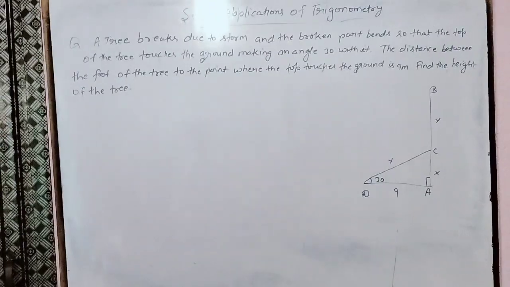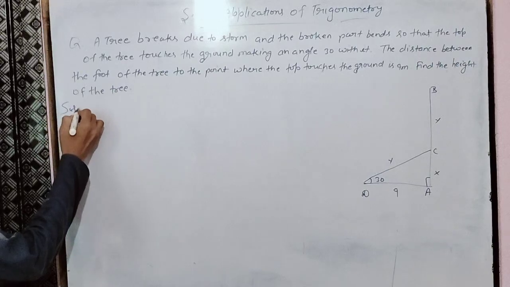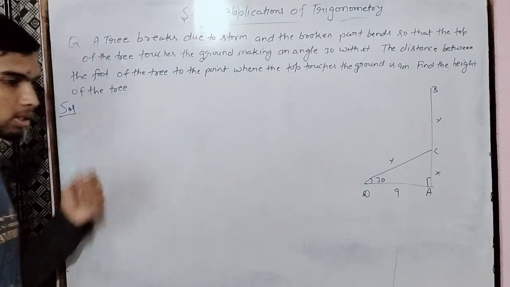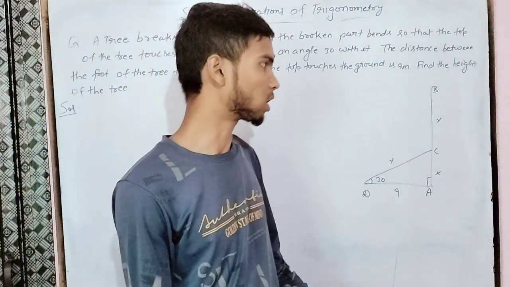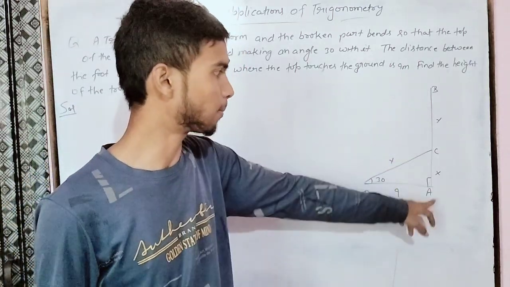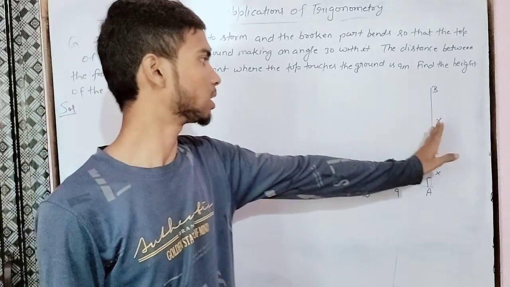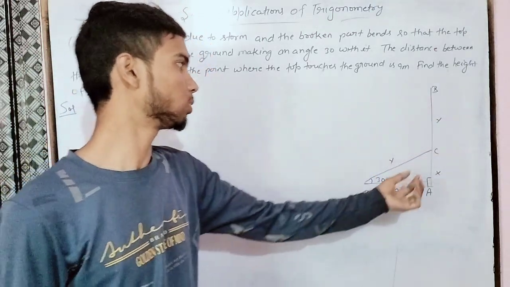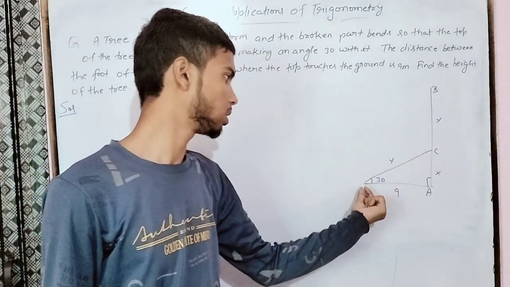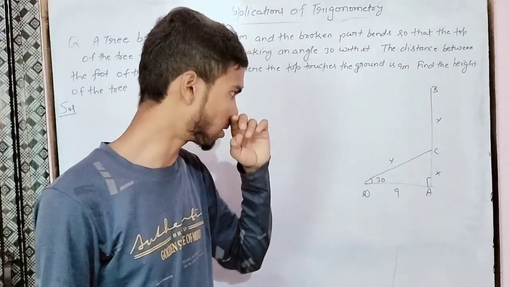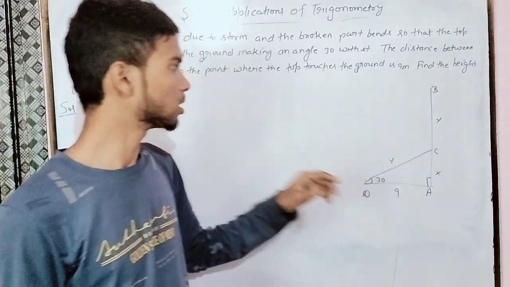Understand this question. It is saying a tree which breaks at a half part. This was a complete tree in a straight line, but after the storm came, it bent from here and fell down like that.